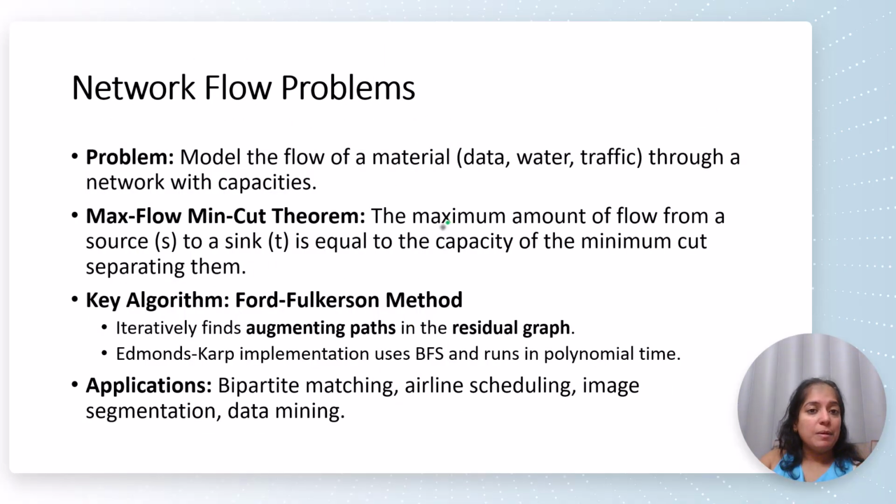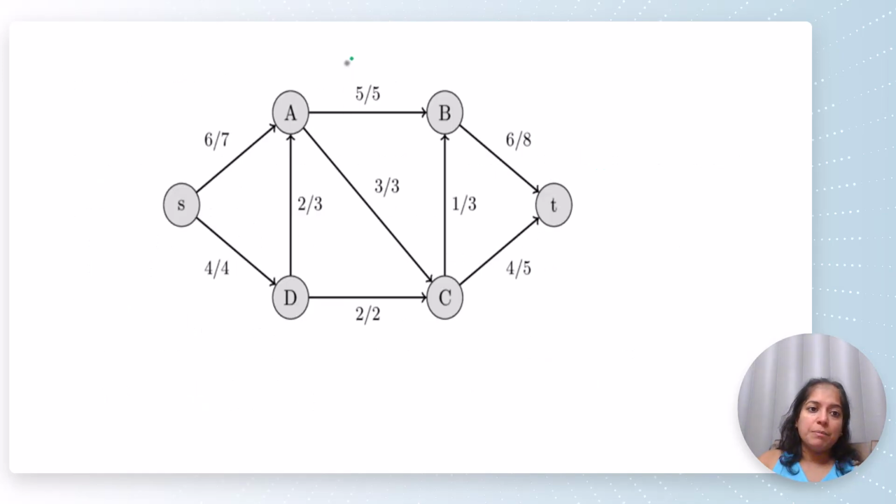Then another problem that comes up is the network flow problem. In the network flow problem, we try to find the flow of a material. This material may be anything, data, water, traffic, through a network with capacities. For example, this is the source.